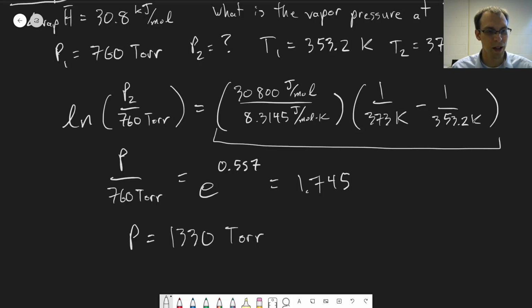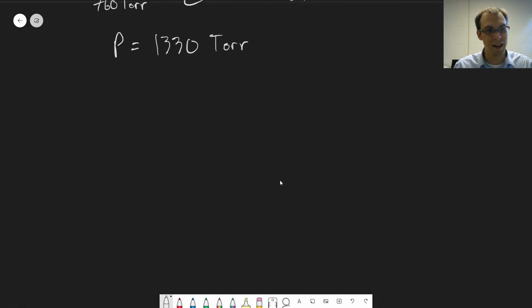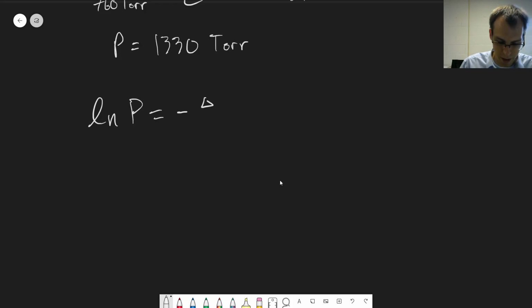One final note, aside from this example problem, is that we can do that same integral, but do it as an indefinite integral instead of with specific limits. And we get that log of pressure is equal to negative delta H bar of vaporization over RT plus some constant of integration.